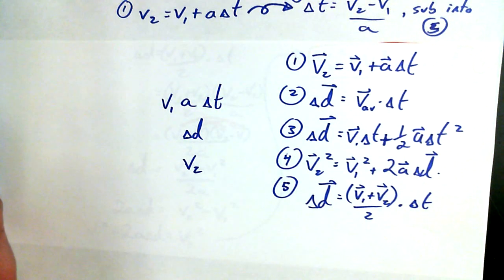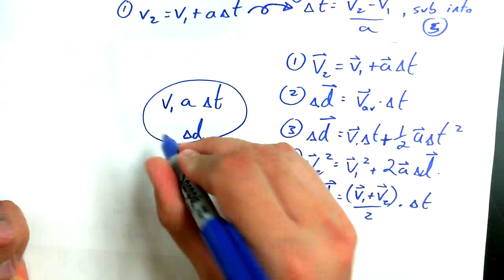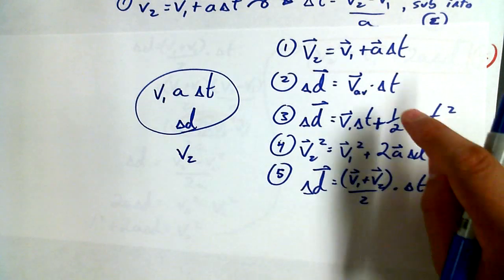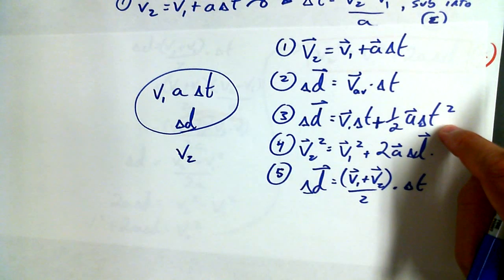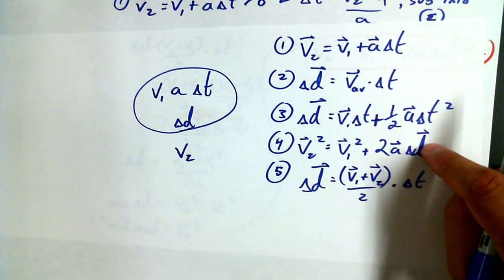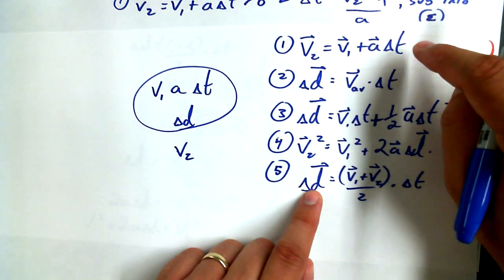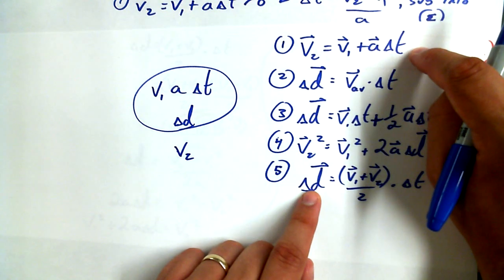I've got all 4 of those things and I want to find V2. Those are my knowns. What's an equation I could use? Yeah? Sorry? The third one? Yeah, I could use the third one. Absolutely. Oh, not the third one. There's no V2 there. I could use the 4th one. I could use the 5th one. I could use the 1st one.